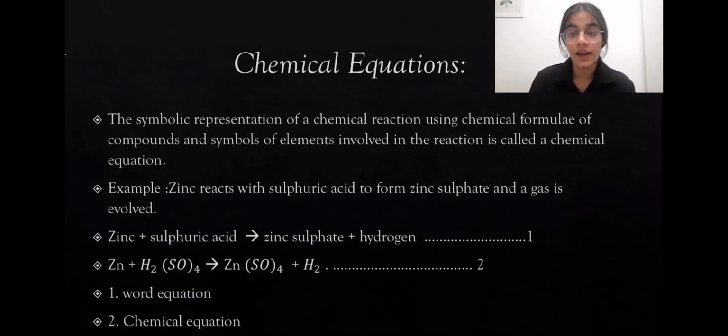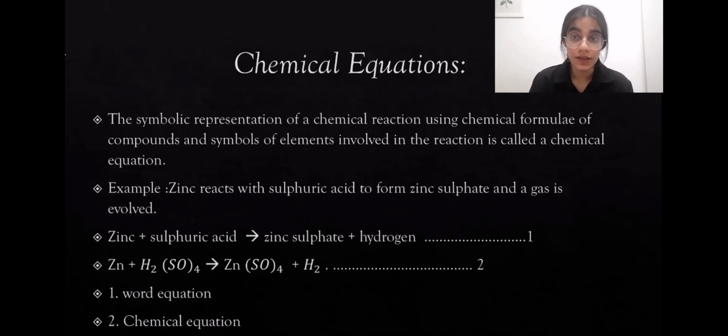To give a professional definition to chemical equations, I will say that the symbolic representation of a chemical reaction using chemical formulae of the compounds and symbols of elements that are involved in that reaction is called a chemical equation.